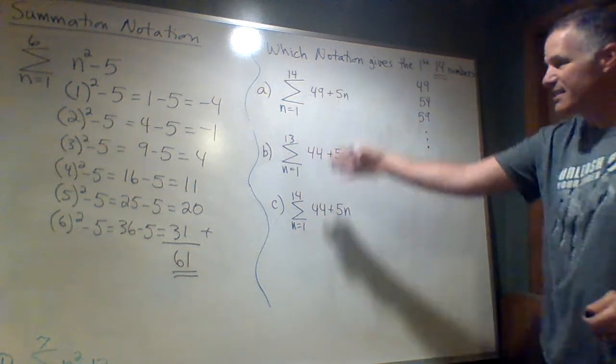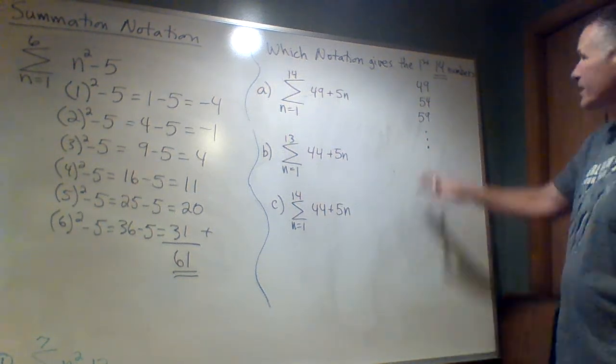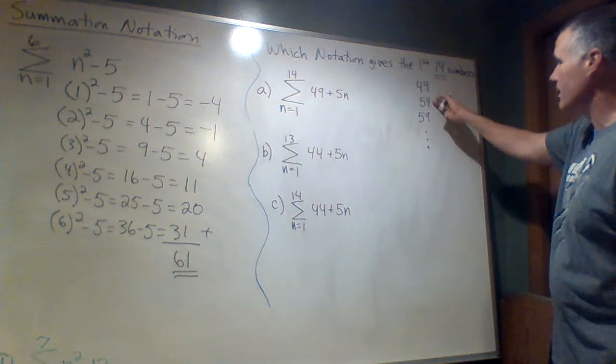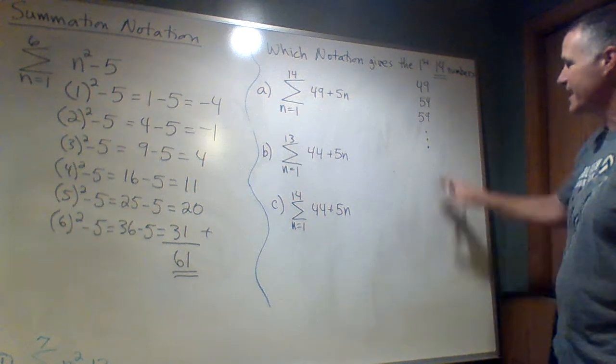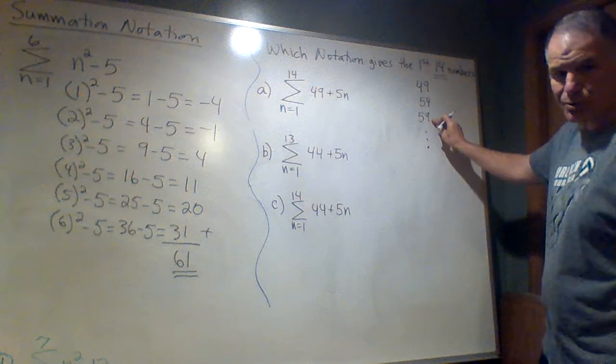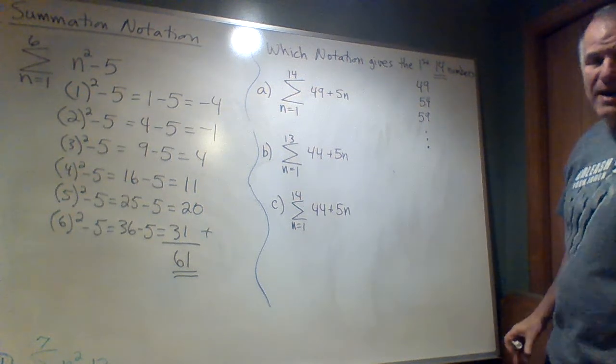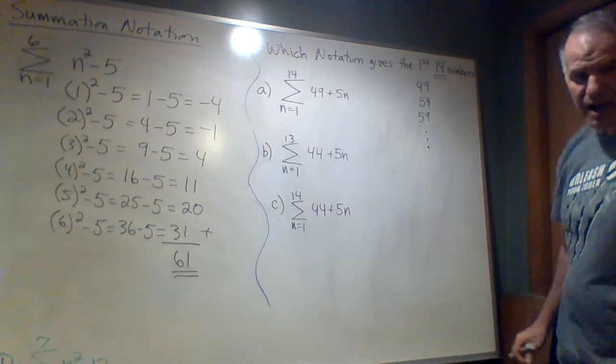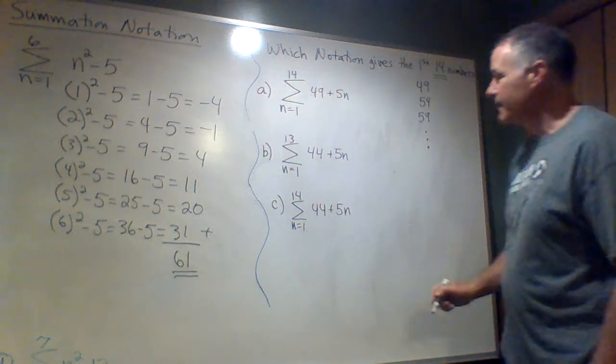Which of these summation notations would give us number 1, number 2, number 3, all the way down to 14? Since we have the first 3, we can see the pattern and eliminate some choices.